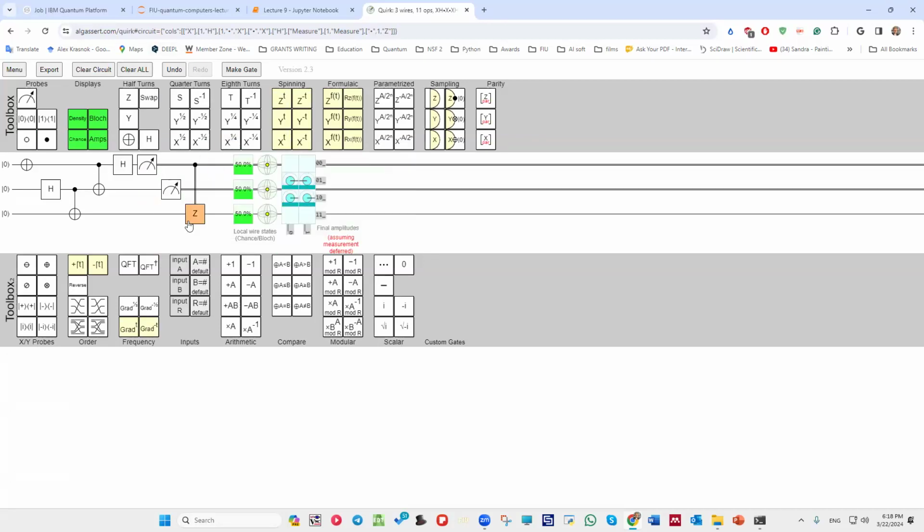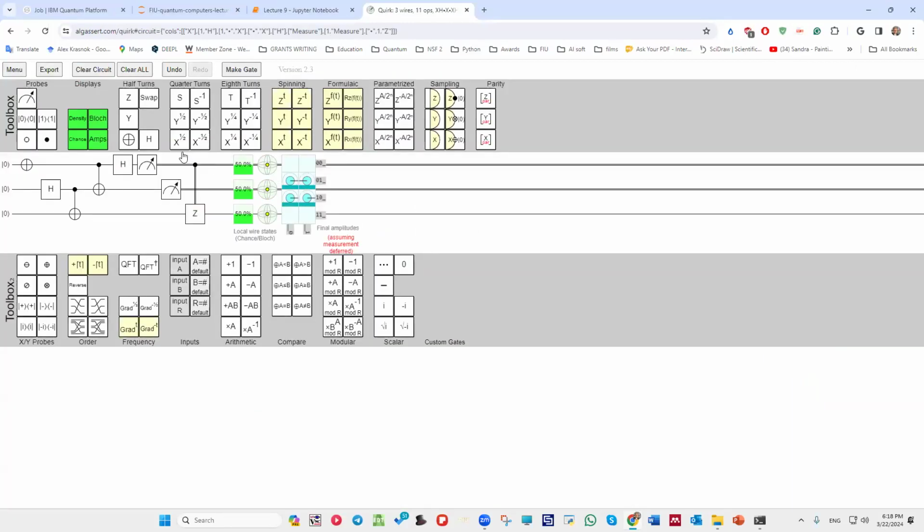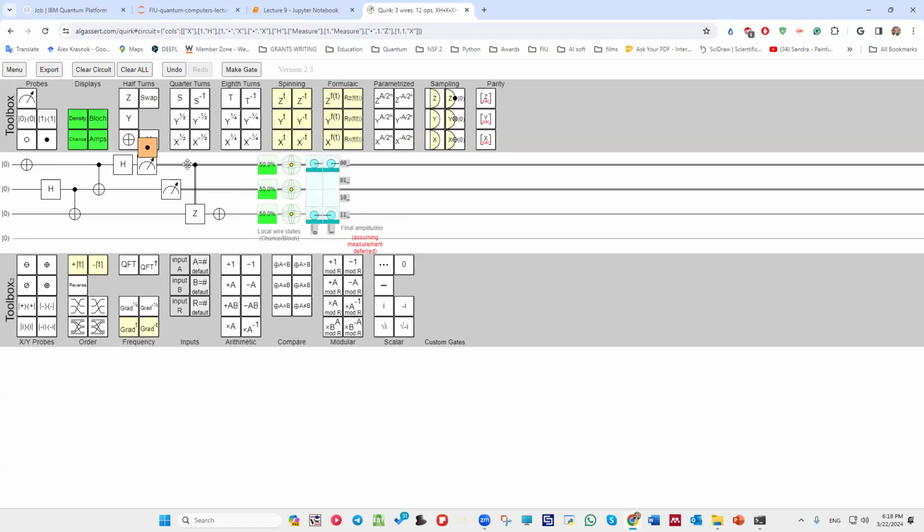So I apply Control Z, classical Control Z, to the first one, and Control X to the second one. Where is X? X here. Control X to the second one. Okay, so let us see.